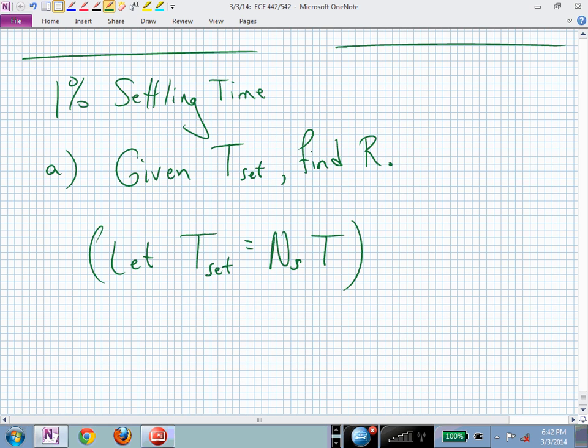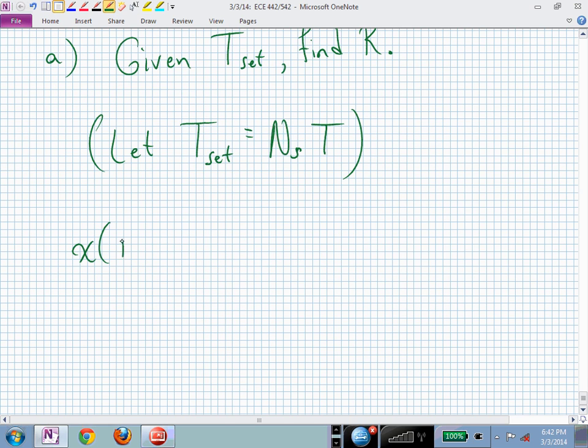And we've done this already. X at time N sub s, at the N sub s sample, if we're just worrying about the transient, is R raised to the capital N sub s times where we started.